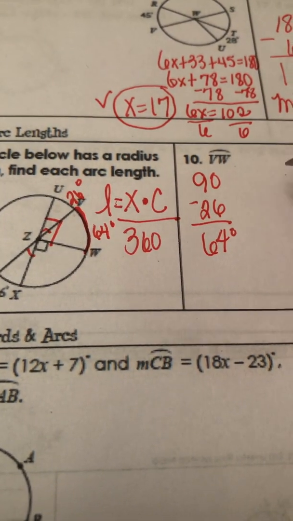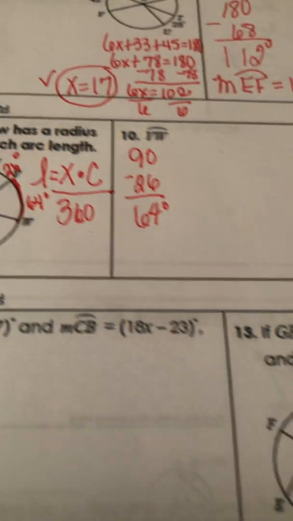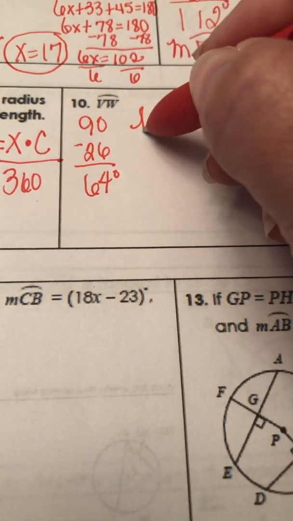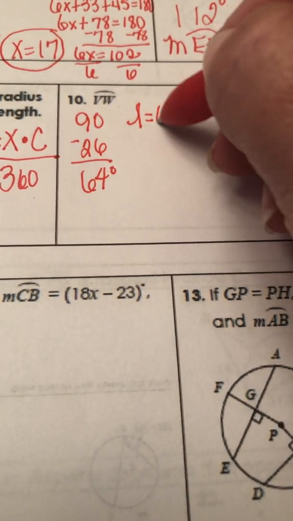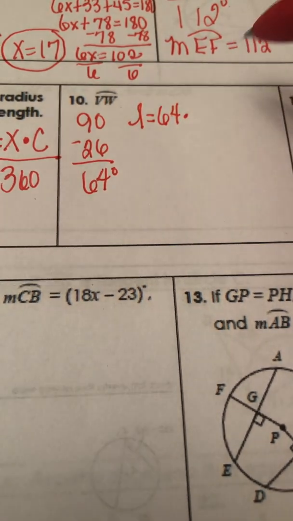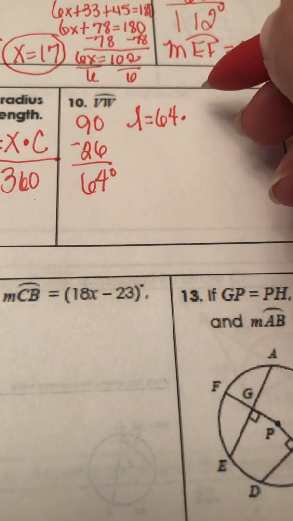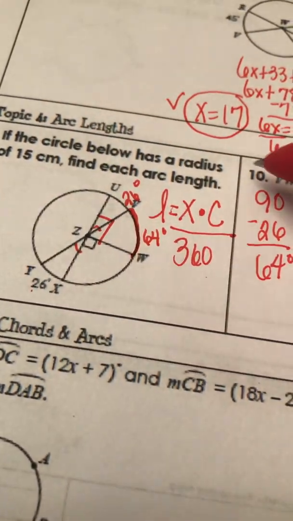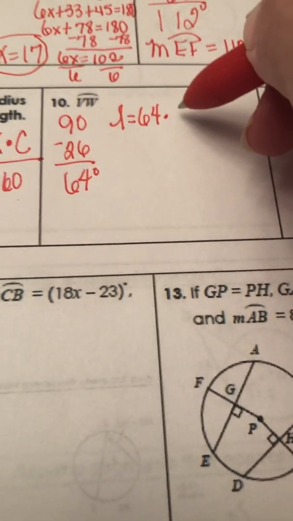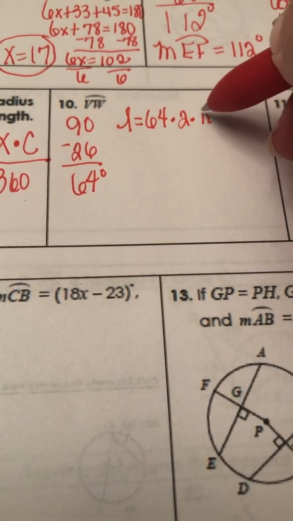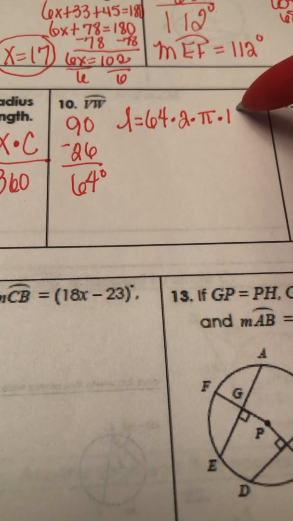And now I'll plug that into the formula and solve for the arc length. So L is equal to X, which is the degree of the arc, times the circumference of the circle. Since we have a radius of 15 centimeters, I'll do 2 times pi times the radius.